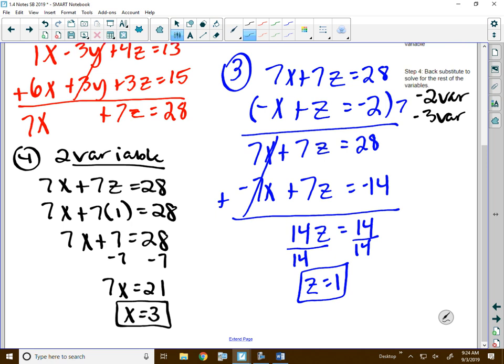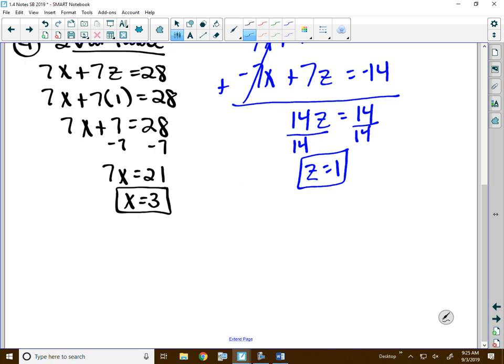Okay, now for our next one, we're going to do our 3 variable substitution, which is pretty self-explanatory. And we're going to take one of those original equations. I'm just going to use the top one.